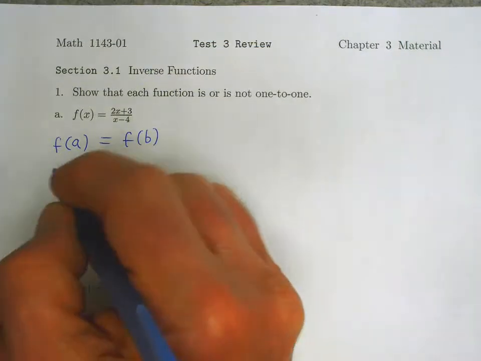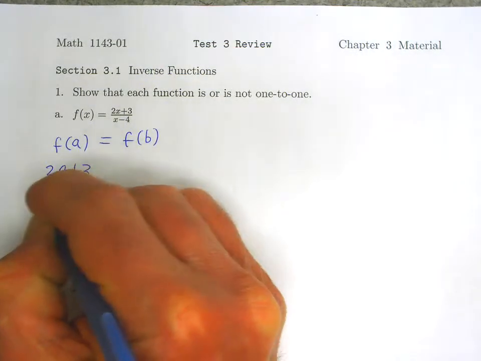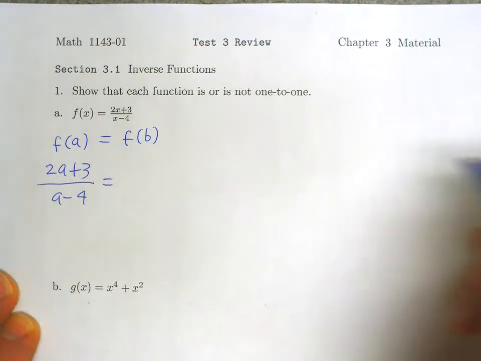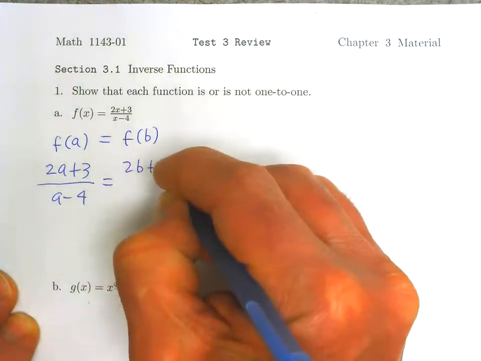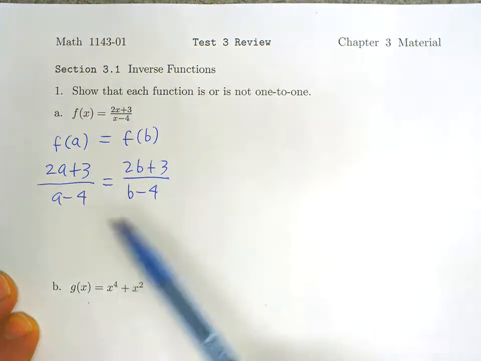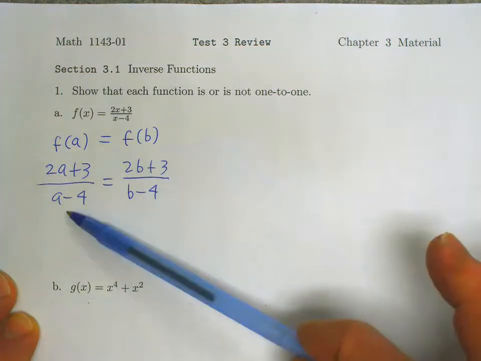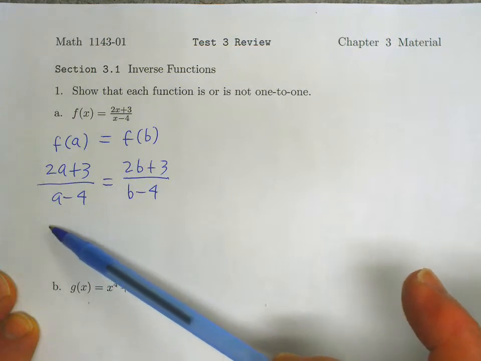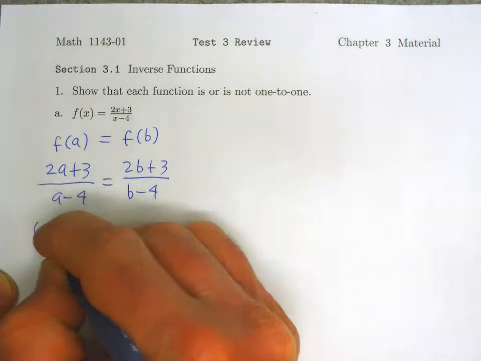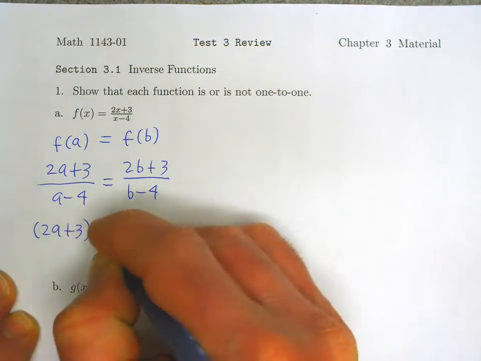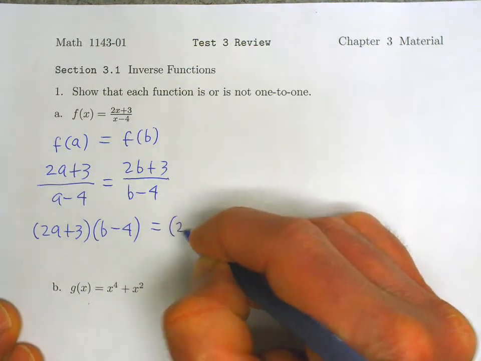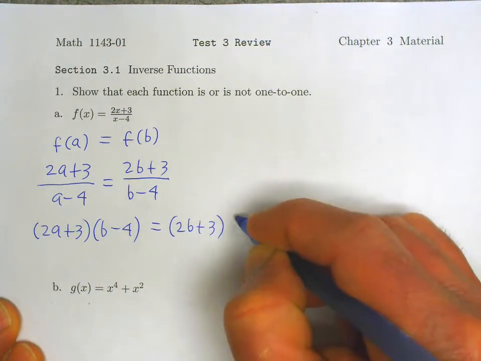F of a is (2a plus 3) divided by (a minus 4). We set that equal to f of b, which is (2b plus 3) divided by (b minus 4). And then we can use cross products, or just multiply both sides by the least common denominator. Either way, you get (2a plus 3) times (b minus 4) equals (2b plus 3) times (a minus 4).